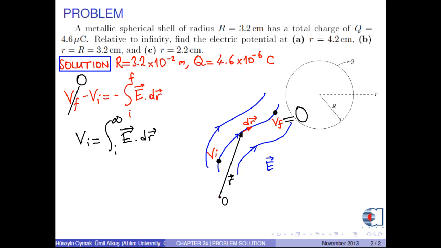Therefore, V initial equals the line integral of E dot dr from initial to final, where final is infinity. According to our problem, we can write the potential at r, Vr, equals the line integral of E dot dr from r to infinity.